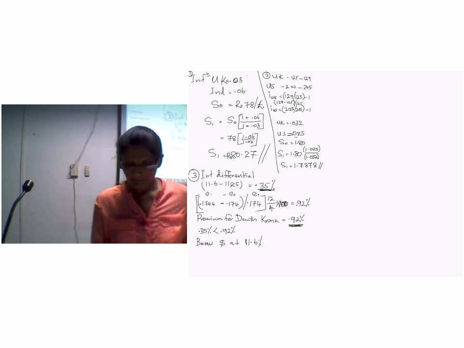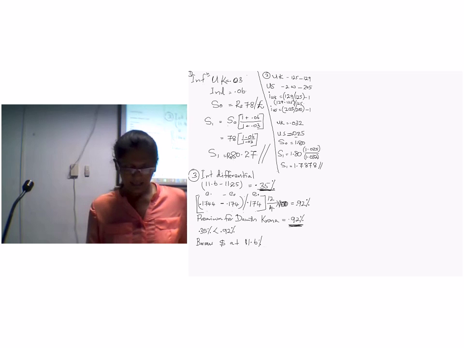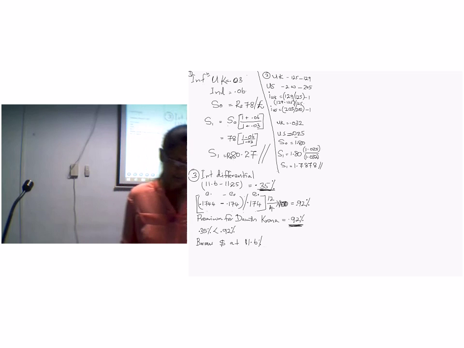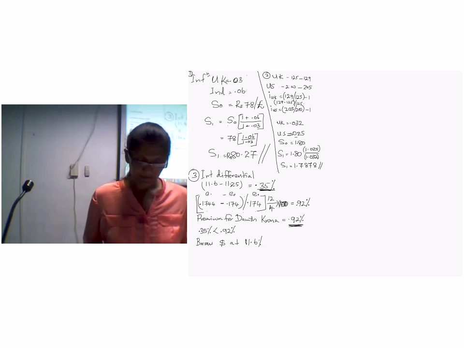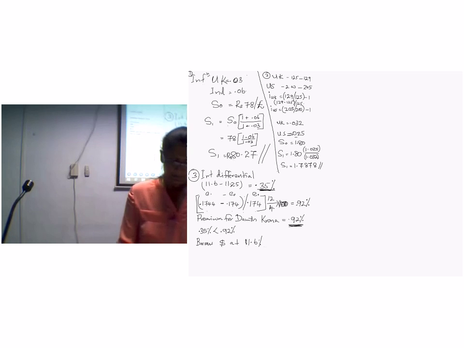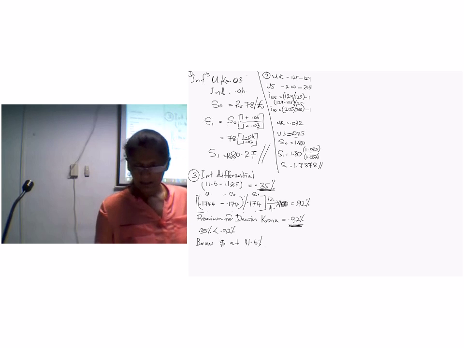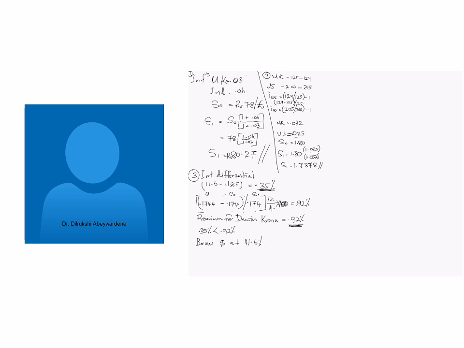This means it will allow us to move the funds to the country with the low interest rate. So how can we make a profit in arbitrage? In order to make a profit, we can borrow.